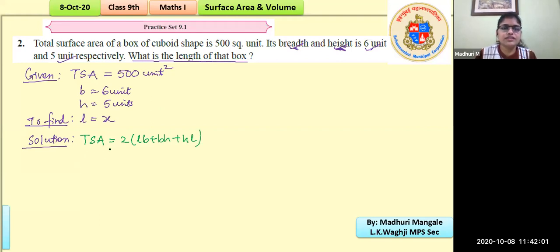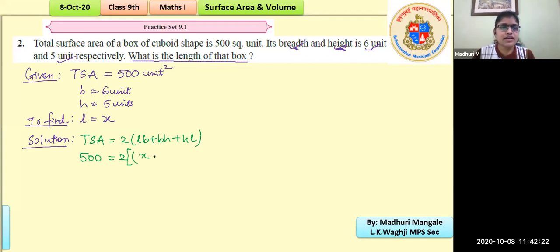What is the total surface area? We are going to simply substitute everything and solve for x. So once again, everyone, try it out. This is really easy and this question would be asked for 3 marks, at least 3 marks. So total surface area, that is 500 equals twice of LB. So what is L?